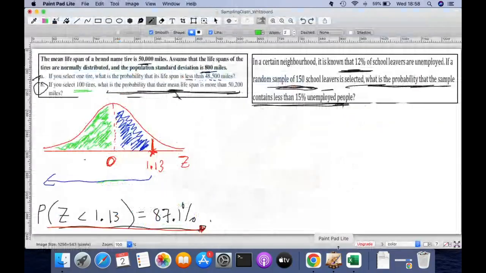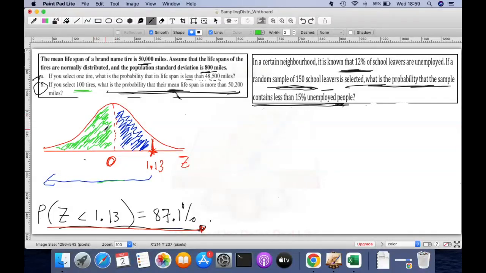Good. All right. Now, let's just look at this green area, because you won't really need your table to work this out. Remember what we said about the area of the curve: the total area under the curve is 1. And at the 0 point, it splits the area exactly in half.